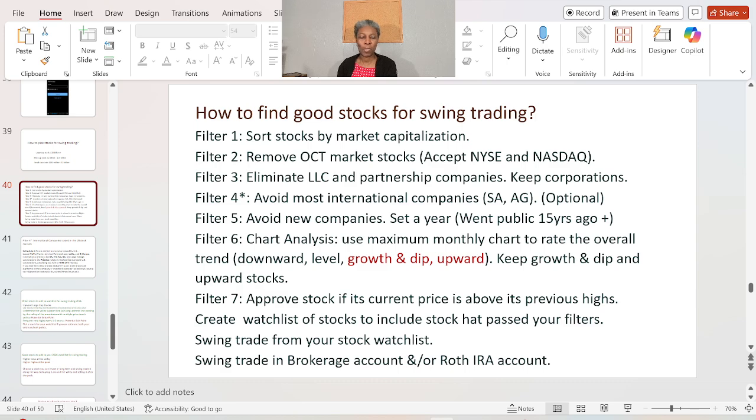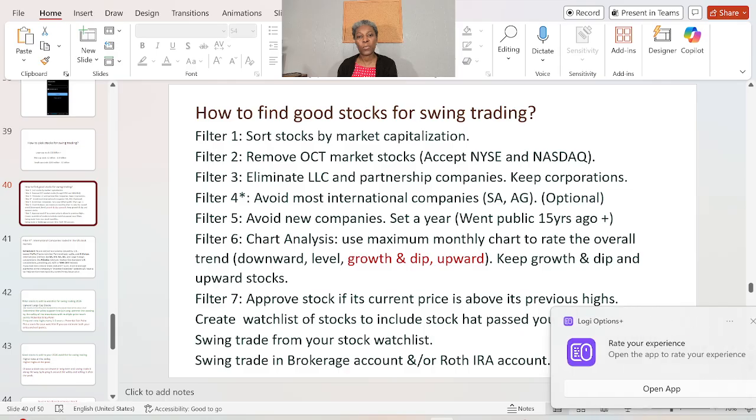I think I lost the train of my thought, but yeah, I will do the maximum monthly chart analysis to see if those stocks can remain on the watch list.